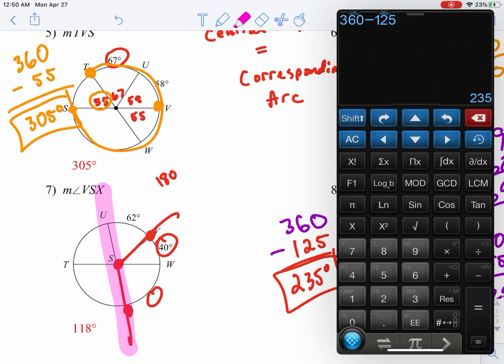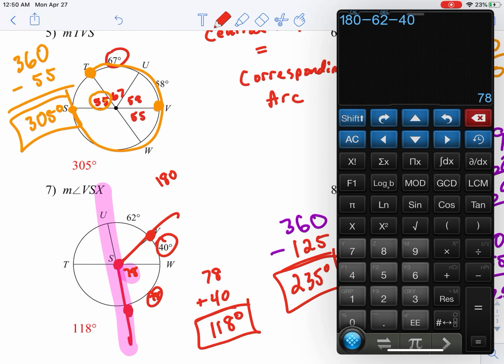Okay. So 180 minus 62 minus 40. What's left? This is 78. So this is 78. All right, so now 78 plus 40, 118. Okay.